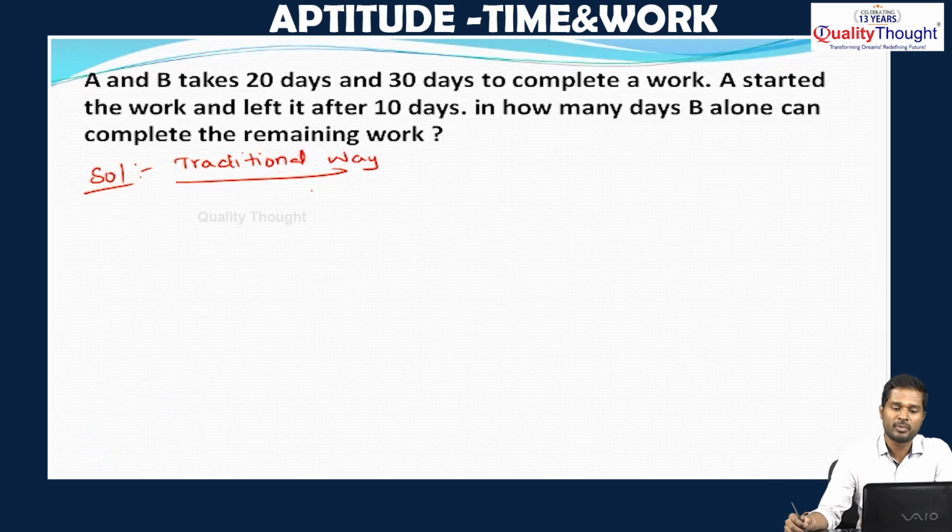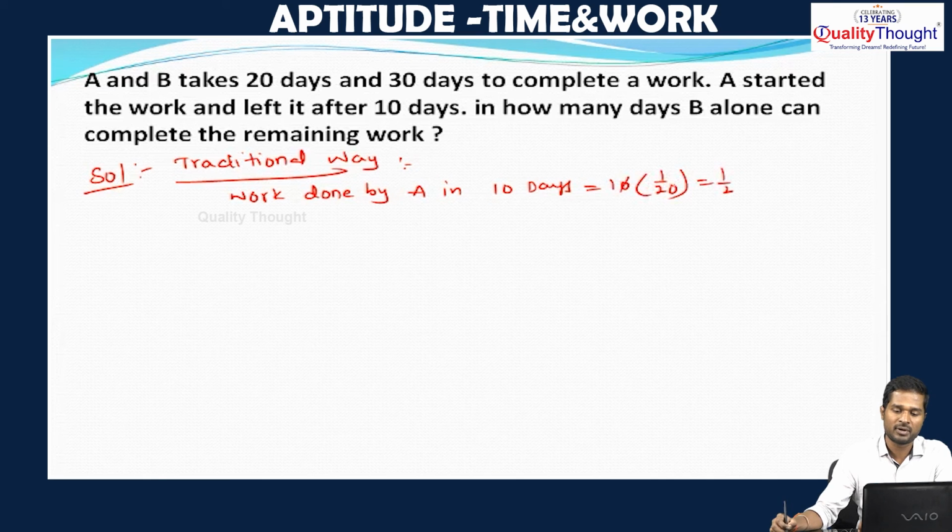Let us solve this question using the traditional way. First, A worked for 10 days and left. So the work done by A in 10 days is 10 into 1 by 20, that is 1 by 2.